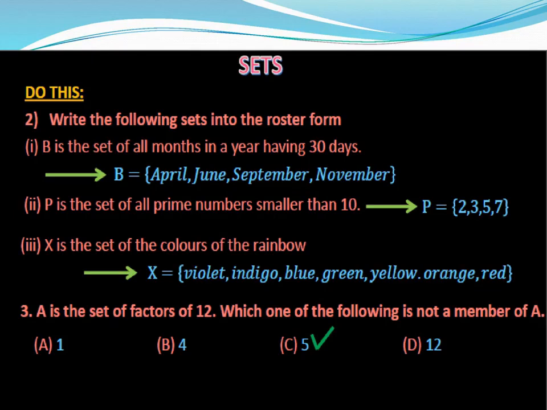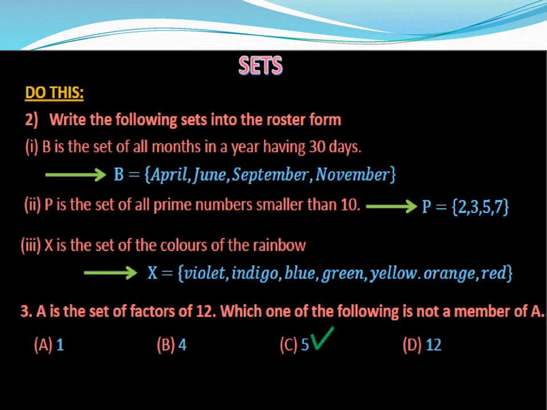Next we will solve the third. X is the set of the colors of the rainbow. We can write the colors of the rainbow in roster form. So all of you know that. What are the colors of the rainbow? A rainbow has 7 colors, and we also call it VIBGYOR.